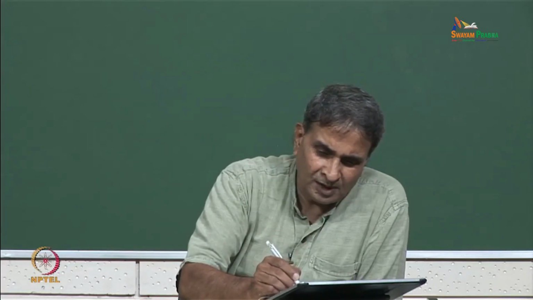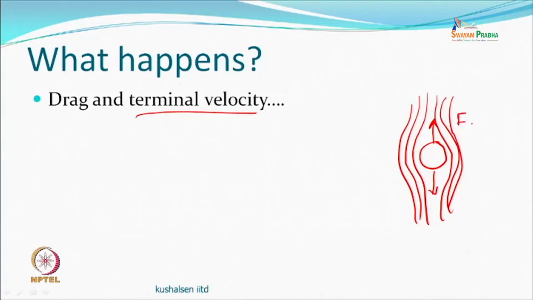If we call this the drag force pulling up and the force due to gravity pulling down, they do get balanced at some point. And when they get balanced, it does not accelerate, it just moves with a constant velocity. It is Newton's law: anything at rest will remain at rest, anything which is moving will keep on moving. That is very important.